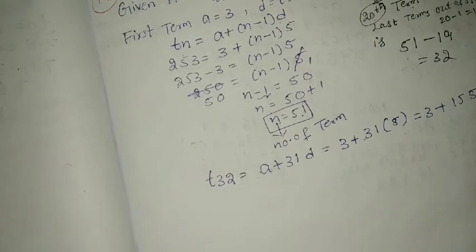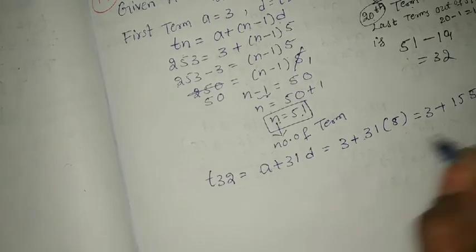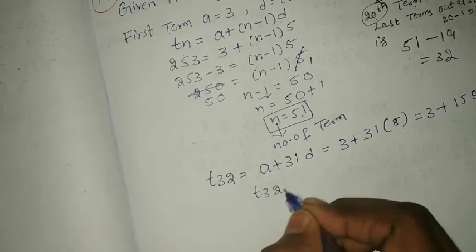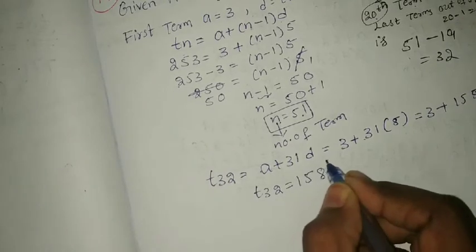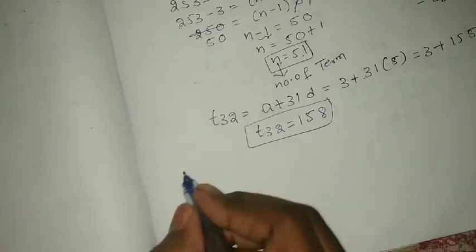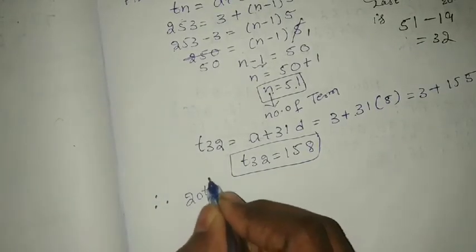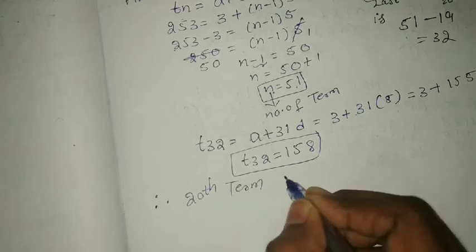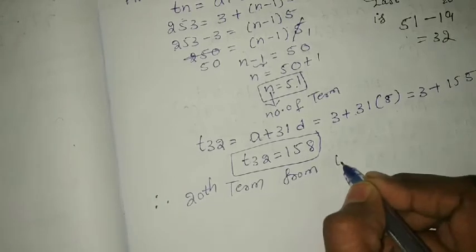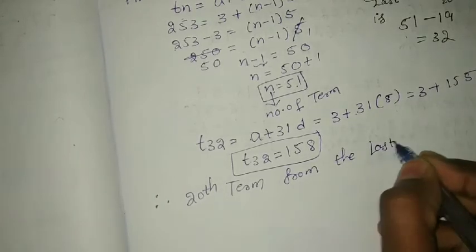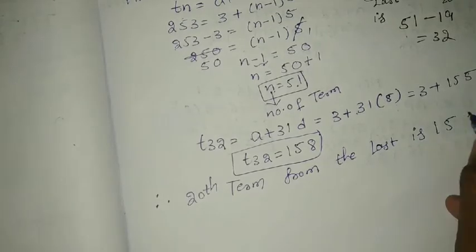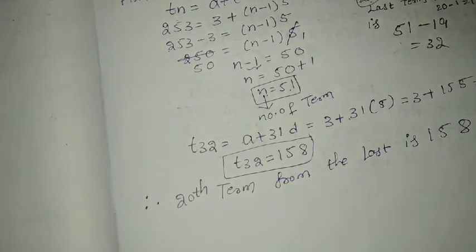So what is our answer? 155 plus 3, 158. Okay. Term 32 is equal to 158. So what can you write here? The conclusion: therefore, the 20th term from the last is 158. Very simple, no? So let's take the next question.